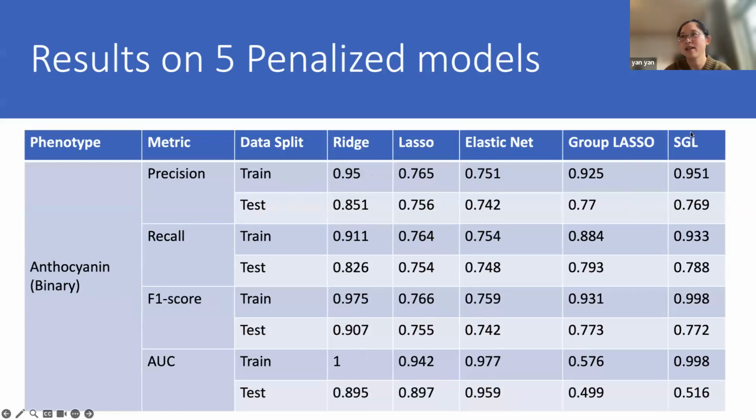And group lasso and lasso have a larger gap between the train and test. Another thing we gained from this analysis is that lasso and group lasso need a bigger machine to run, like a machine with larger RAM to feed in all the data.